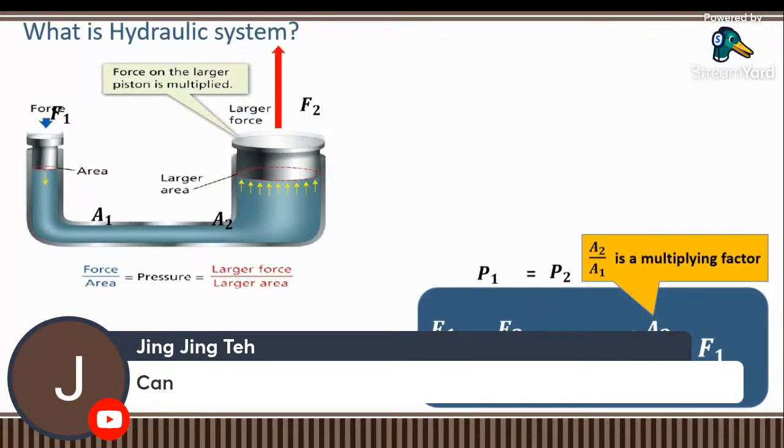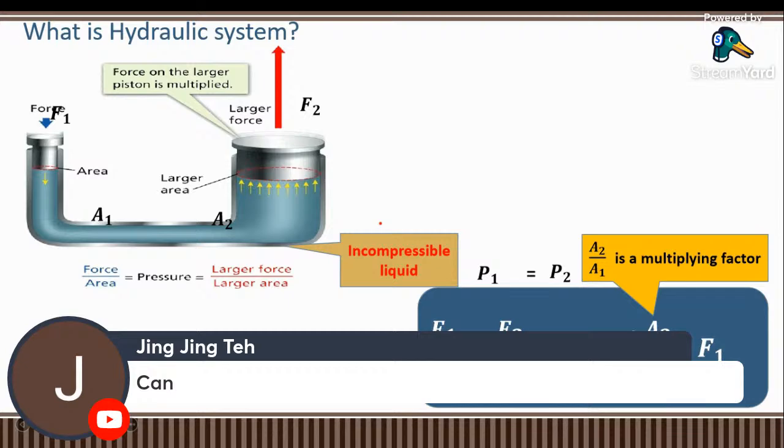Okay, so what is hydraulic system? Apa tu hydraulic system? Hydraulic system consists of two pistons. Okay, ada dua piston. Small piston and larger piston. Macam kita panggil tadi syringe, macam syringe tadilah.